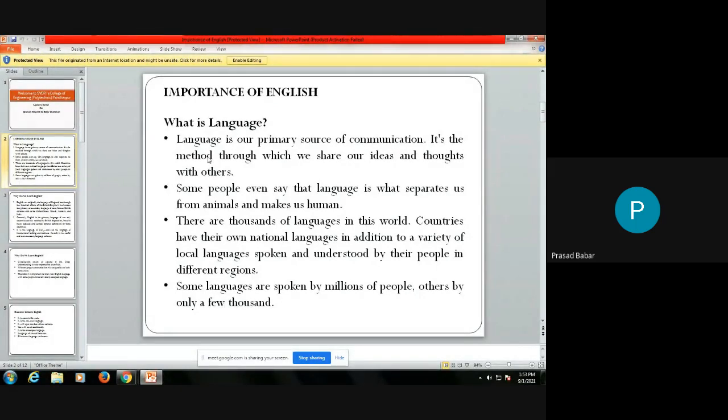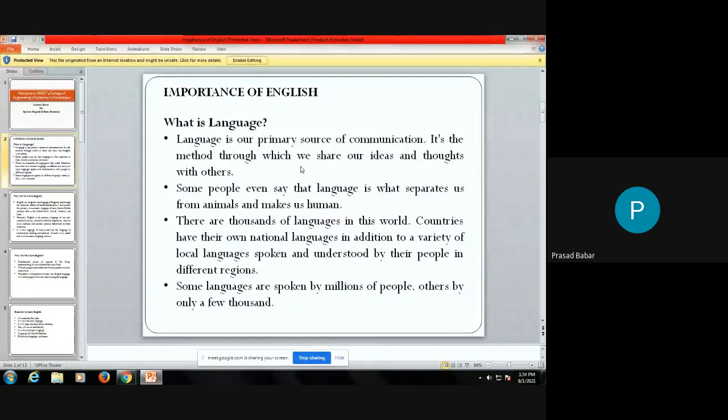So that is why language is our primary source of communication. It's the method through which we share our thoughts, what we are feeling, what we are thinking, and we share our ideas. So, what are the ideas in our mind that we share with them?